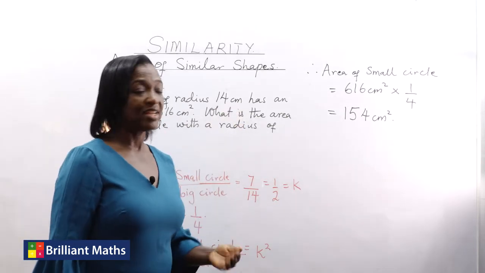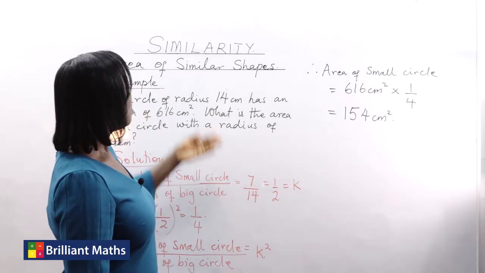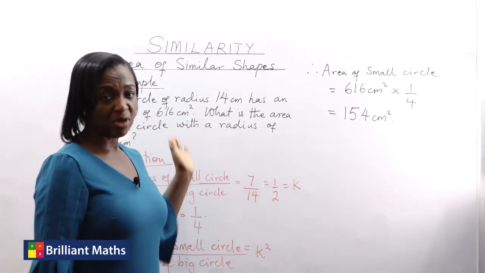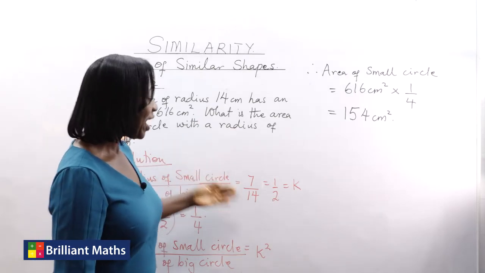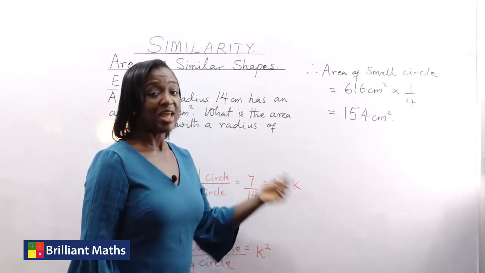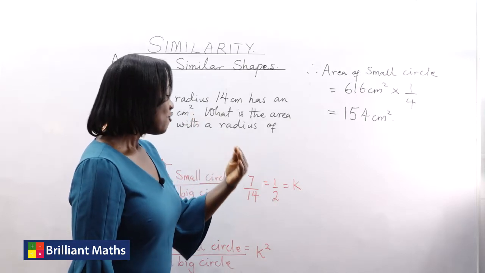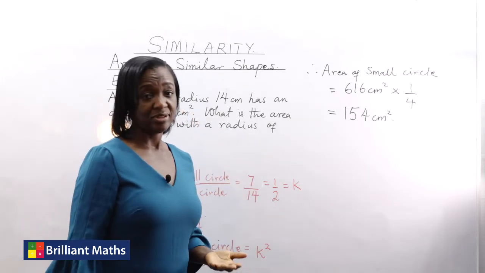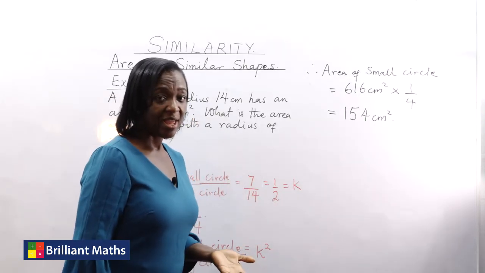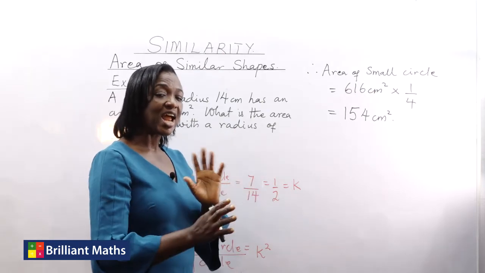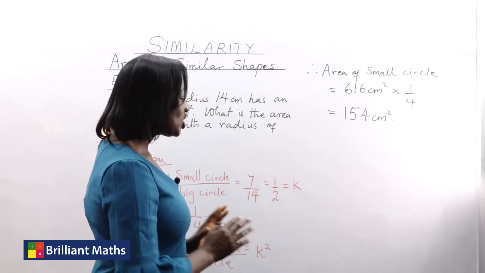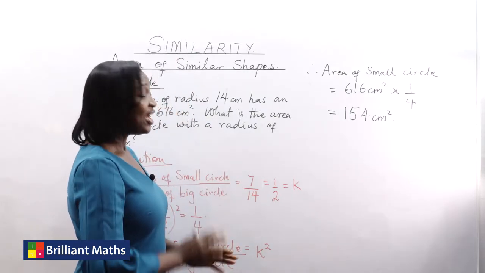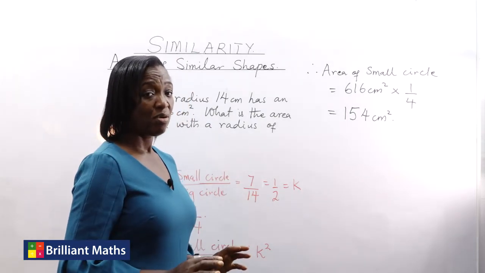So let's say that the radius of the big circle is double the radius of the small circle. So if we're putting the big circle on top, our k is 2. So that means that our radius has been doubled from small to big. So the relationship between the linear measures is times 2. But the relationship between the areas will be times 4.